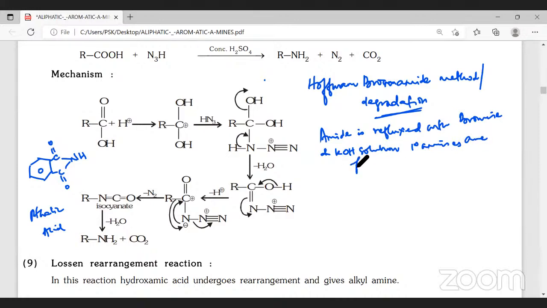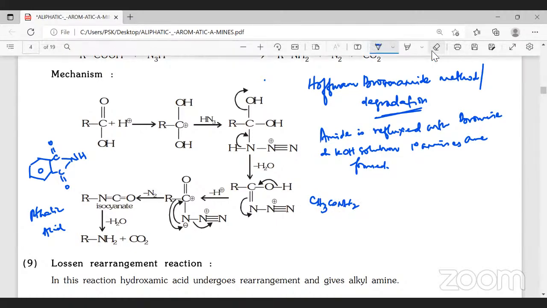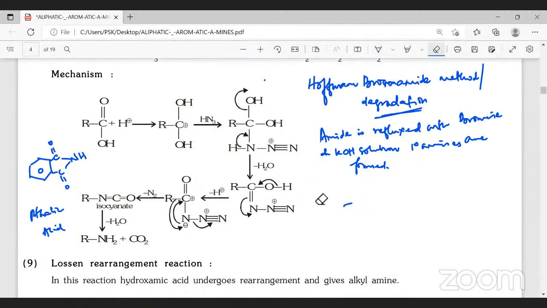The example we will take is a simple amide, CH3CONH2. Or we will write this for our understanding like this: CH3, C double bond O, and NH2. It is an amide, called acetamide.